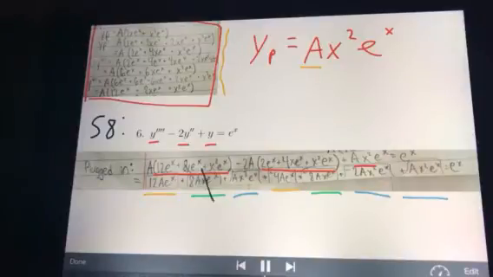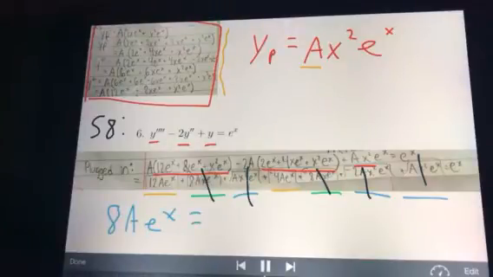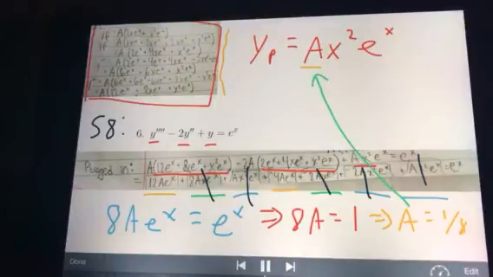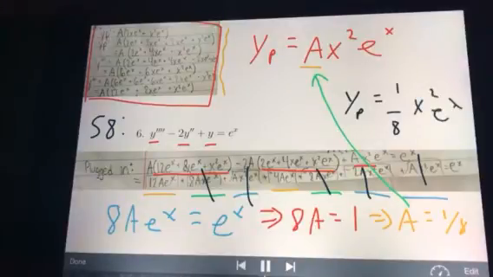And if you look, these end up canceling out, and then you're left with 12A e to the x minus 4A e to the x, which simply equals 8A e to the x, and of course we still have our e to the x on the other side. And if you simplify further, you're left with 8A equals 1, and then of course A equals 1 over 8. We can plug that A into here, and that leaves us with our y of p is equal to 1 over 8 x squared e to the x.